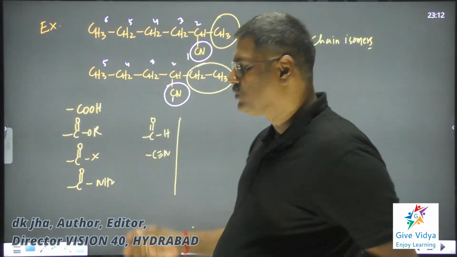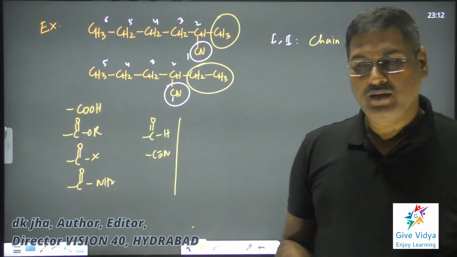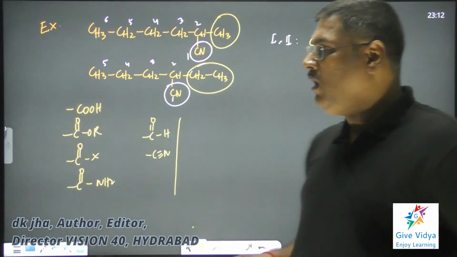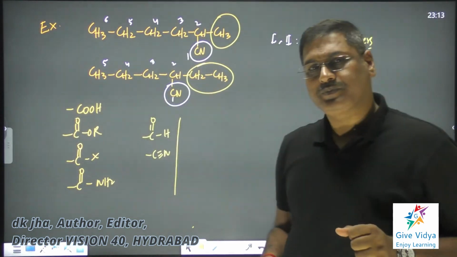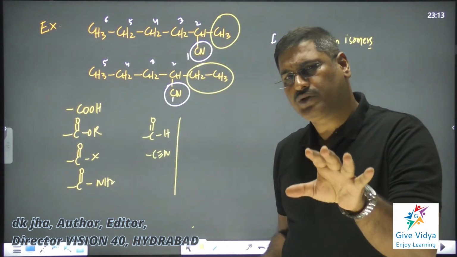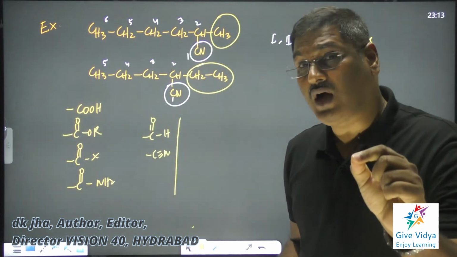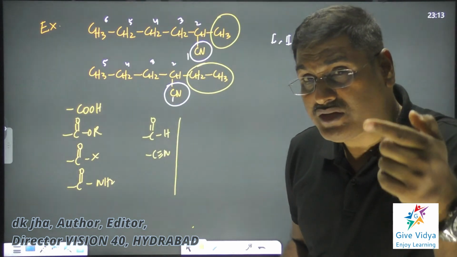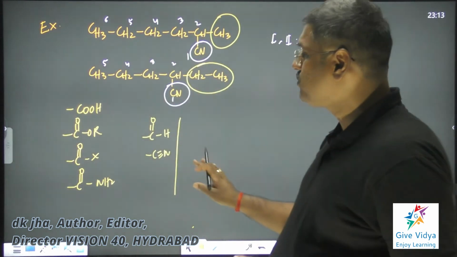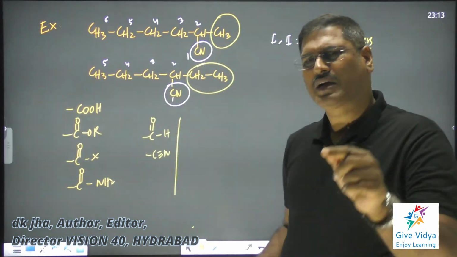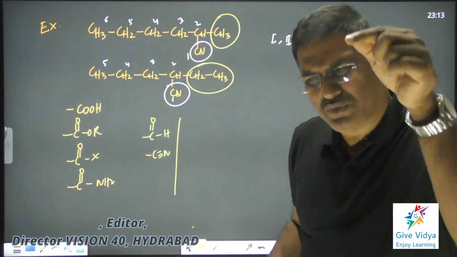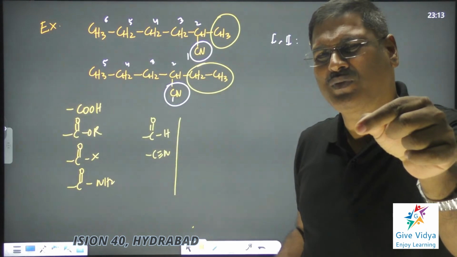These functional groups, carbon containing prime functional groups, you cannot change the position of these groups when these groups are the main functional groups. You cannot change, because the carbon chain starts with the carbon atom of these functional groups.